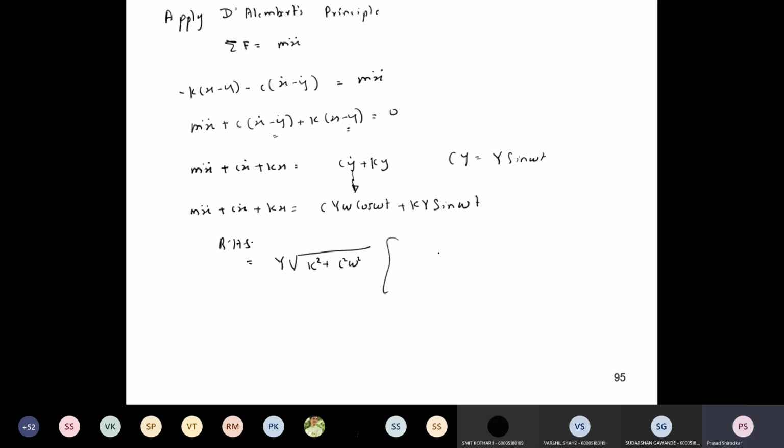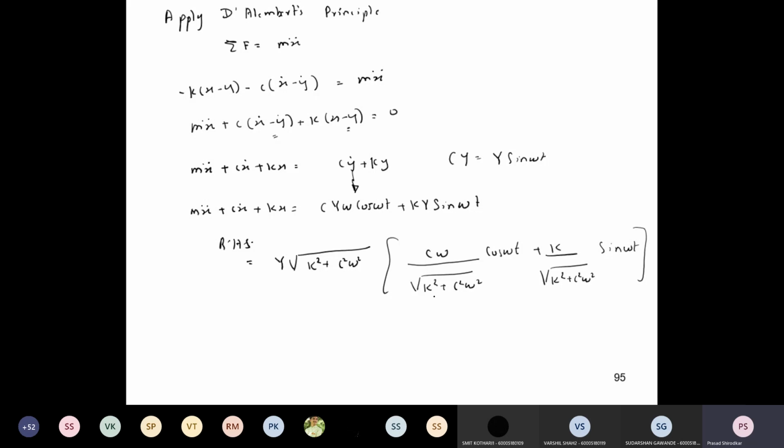So this becomes c omega upon root of k square plus c square omega square cos omega t plus k divided by square root of k square plus c square omega square sin omega t.